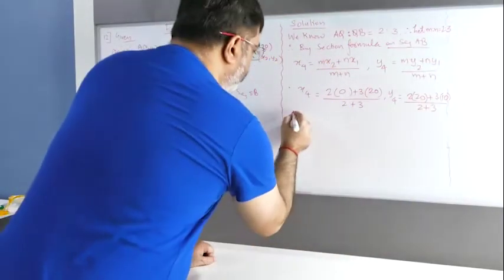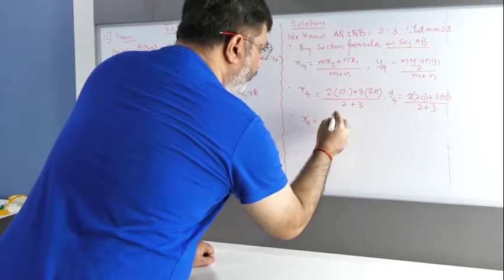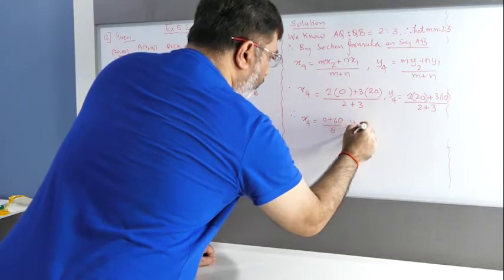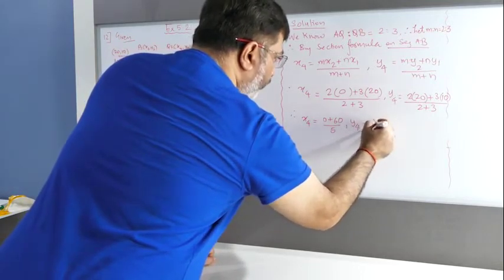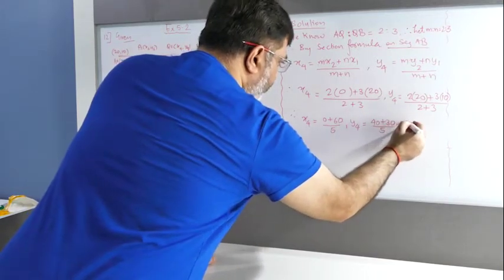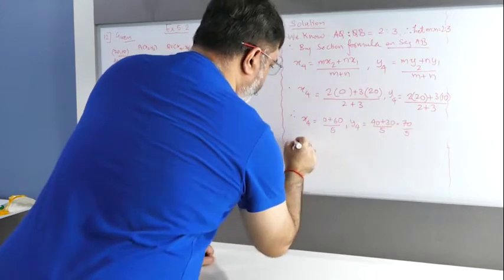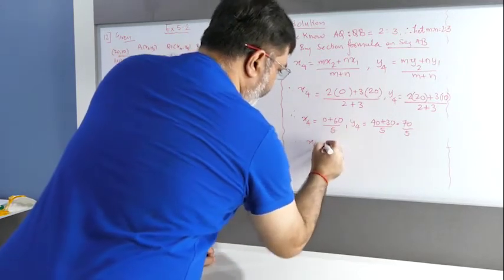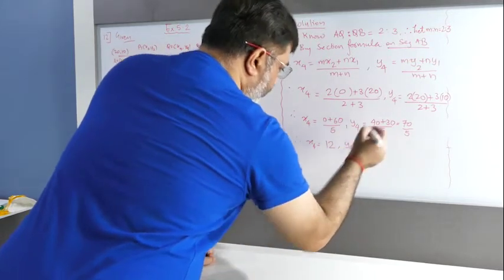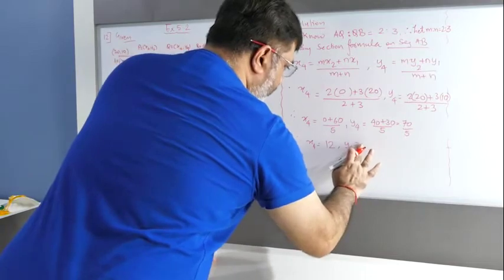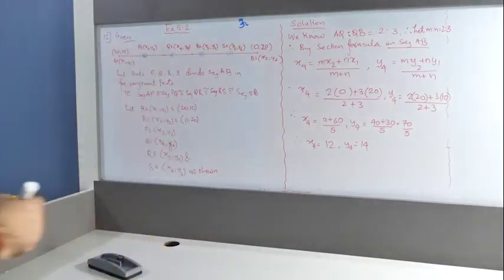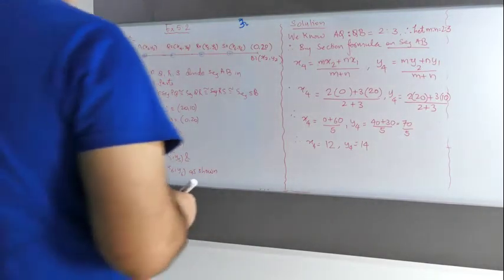So what do you get? You get x4 equal to (0 plus 60) upon 5, y4 is equal to (40 plus 30) upon 5, which is 70 upon 5. So 5 twelves are 60, and 5 fourteens are 70, so you will have x4 value as 12 and y4 value as 14.